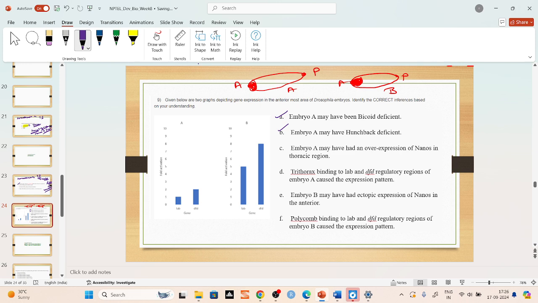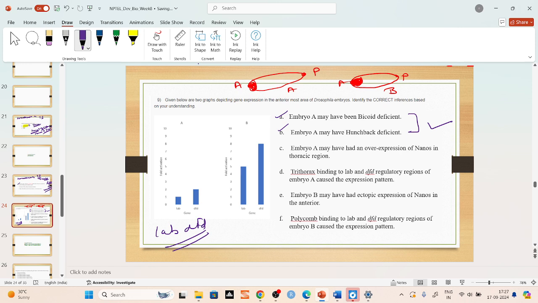Basically, it is needed for the mandibular and maxillary structures. So both labial and deformed are needed for specifying the head region. Now, since embryo A has a lesser expression of labial and deformed, it hints towards the fact that there can be a deficiency of bicoid and hunchback. Okay, so these two options are correct.